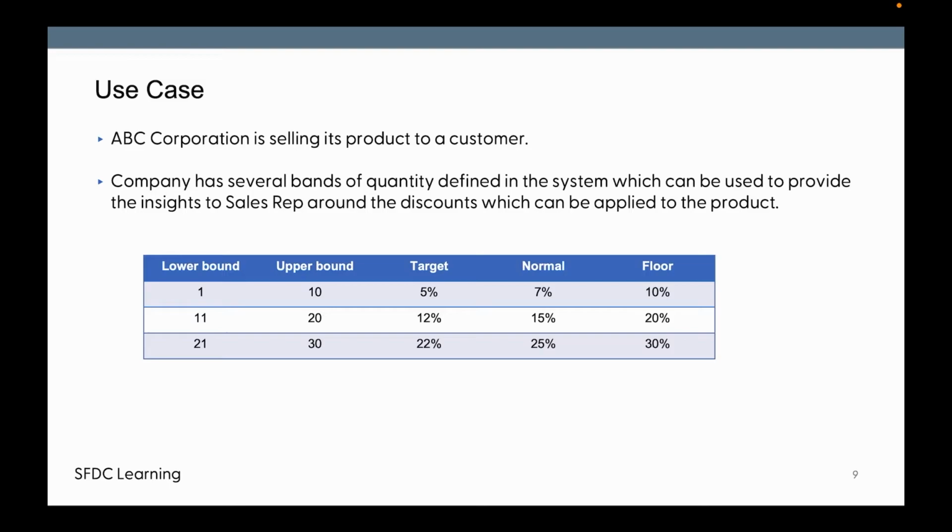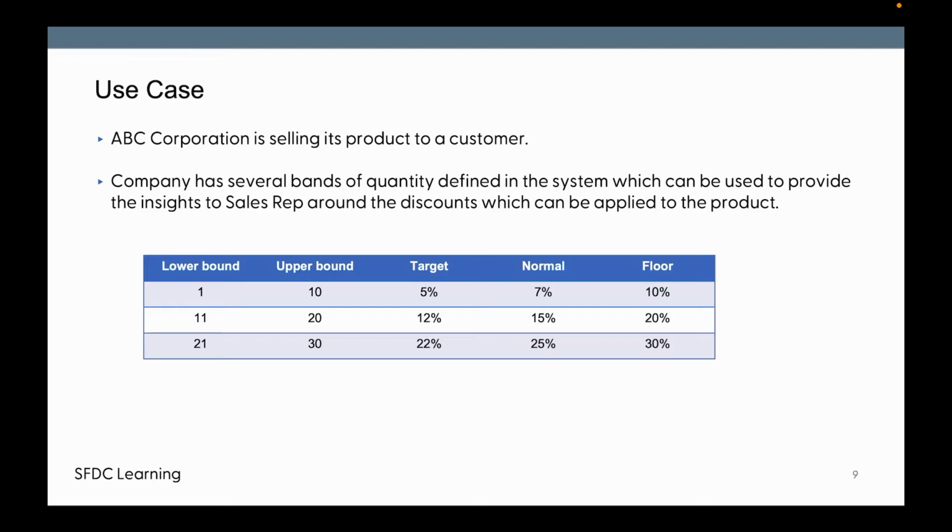For 11 to 20, target discount is 12%, normal discount is 15%, and floor discount, the maximum discount, is 20%. And for the band of 21 to 30, target discount is 22%, normal discount is 25%, and the floor discount, the maximum discount, can be 30%.